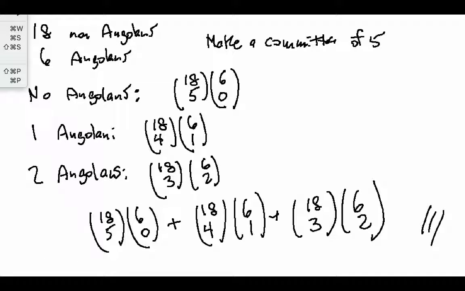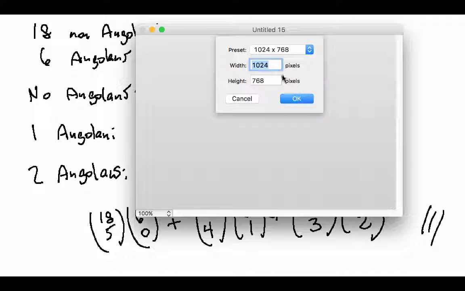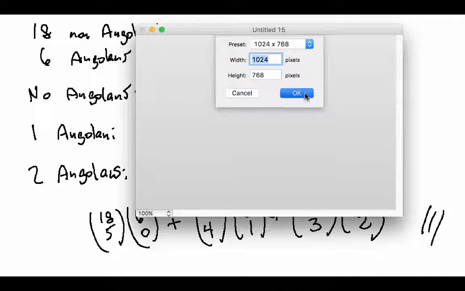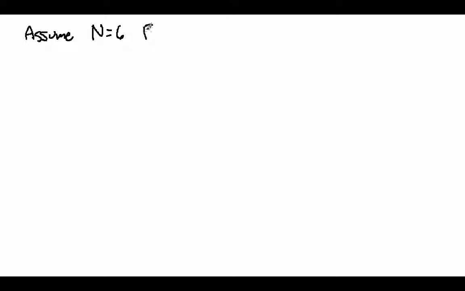Let's come over here. File, new. So why don't we assume n equals 6 flavors, and why don't we let k equal 2 scoops?